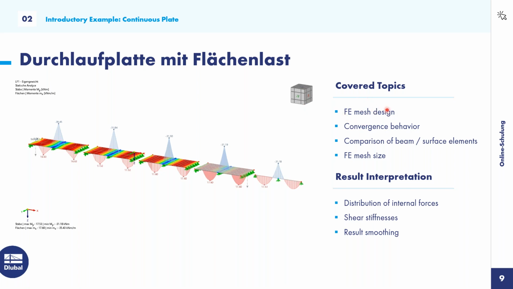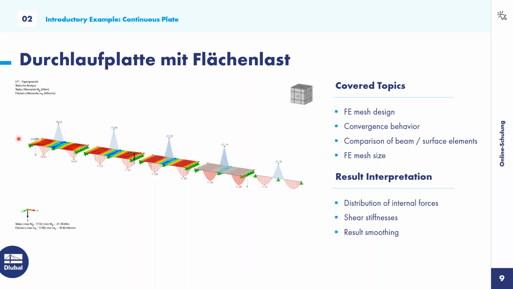So we apply different FE mesh sizes to each surface. Then we take a look at the convergence behavior, and on top of that, also a comparison of the results between the beam and surface elements, and then we also take an evaluation of the FE mesh size. Okay, perfect. So let's jump right into it.